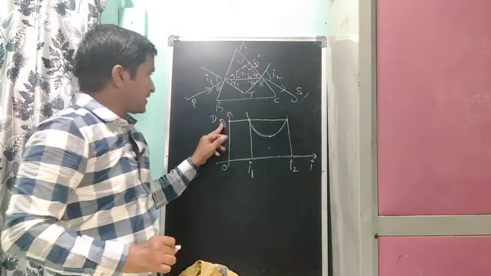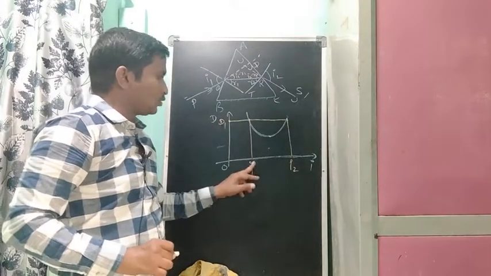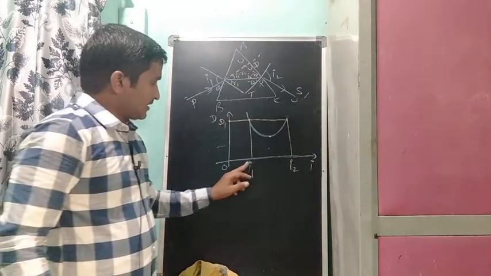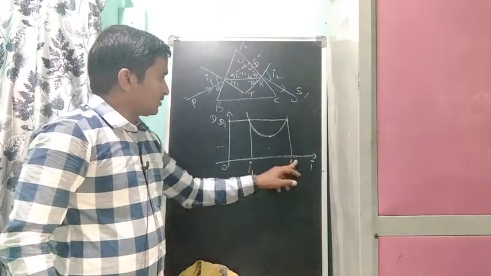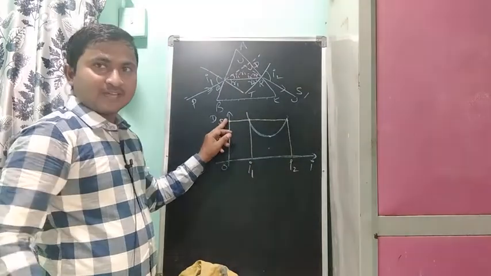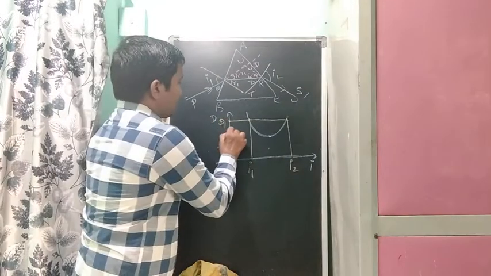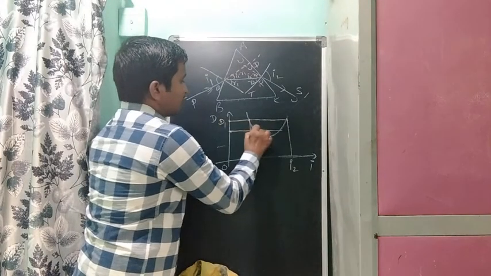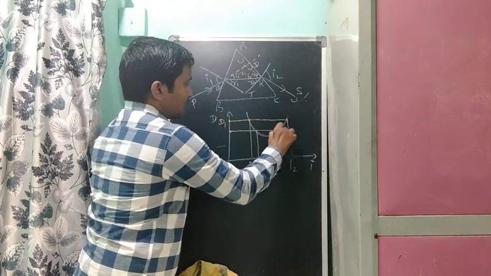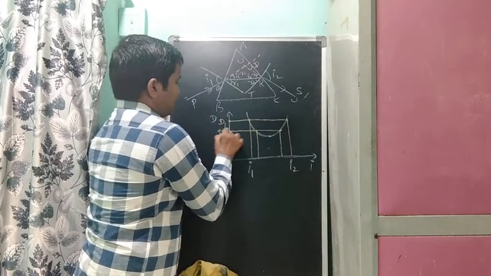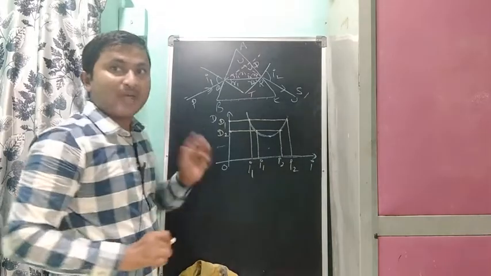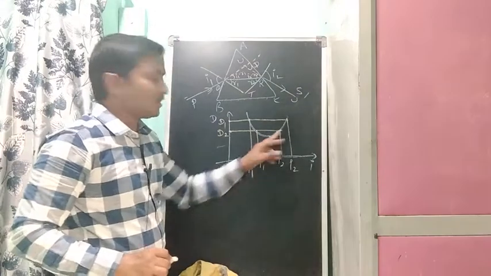That means for this angle of deviation D1, there are 2 angles of incidence, and whenever the light is incident at angle I1 or I2, the angle of deviation is D1. Again, if you draw another horizontal line, it also intersects the curve at 2 points, which means this angle of deviation D2 has 2 angles of incidence, I1 and I2.